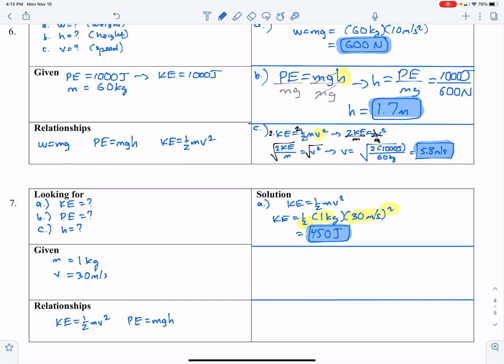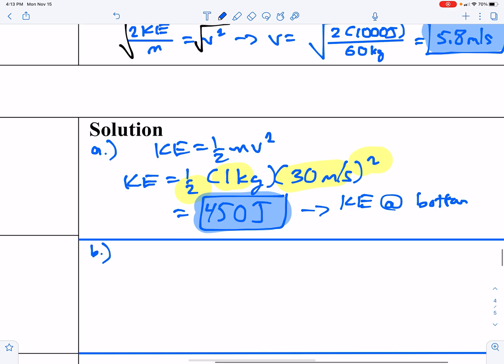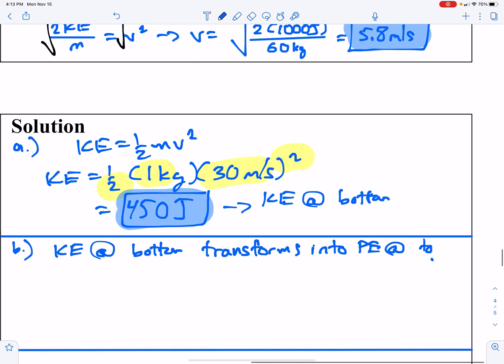Part B, we want to know the potential energy at the top. So this is the kinetic energy at the bottom. Well, to find the potential energy at the top, we need to know that the kinetic energy at the bottom transforms into potential energy at the top.